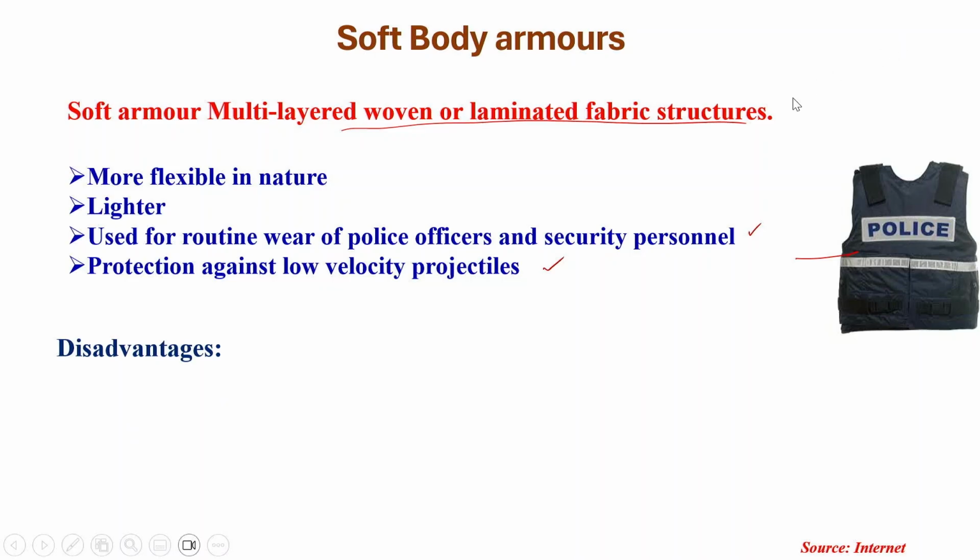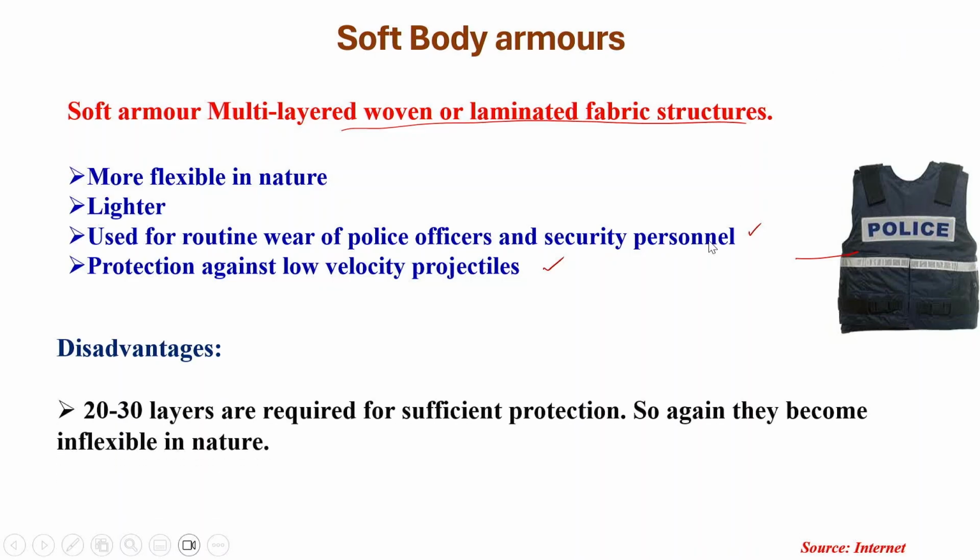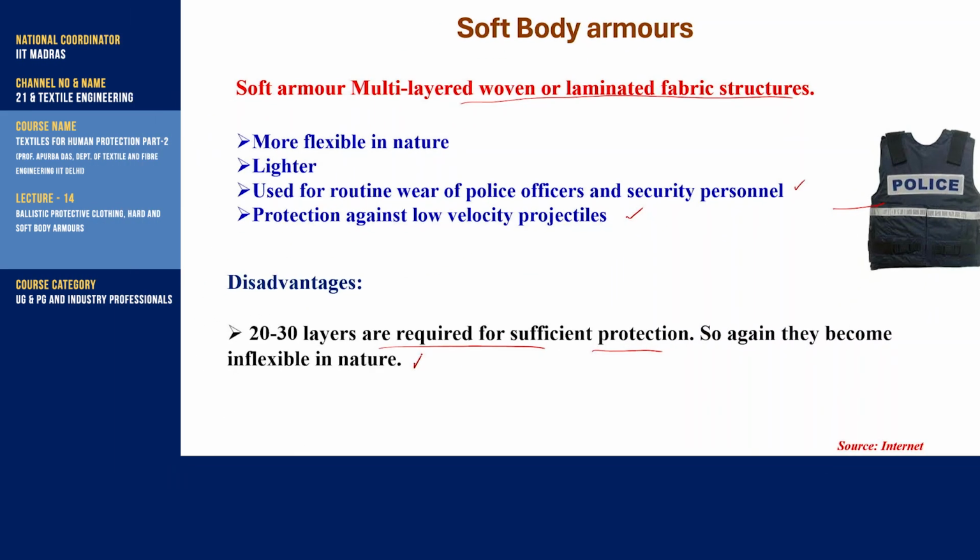A main disadvantage is that 20 to 30 layers are required for sufficient protection. So, again it becomes inflexible in nature and also heavy. If we use 20 to 30 layers of cloth to make the soft body armor, it becomes inflexible and rigid.